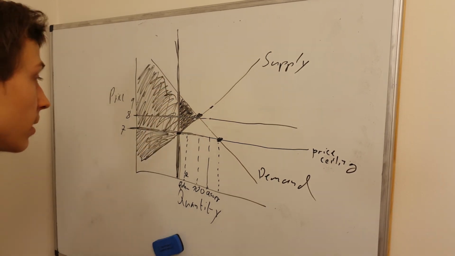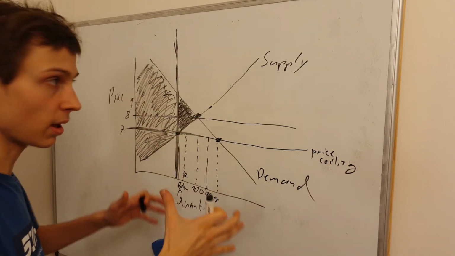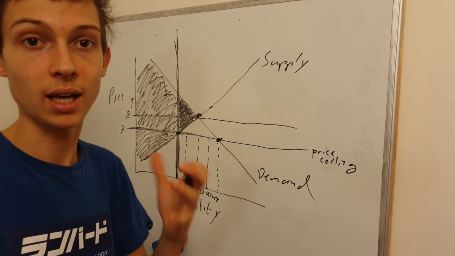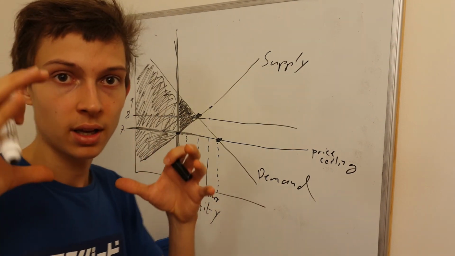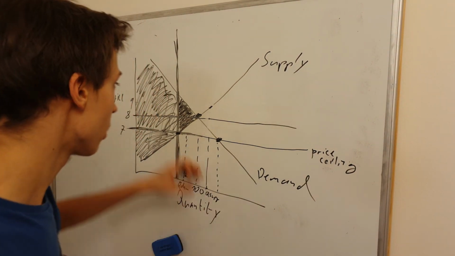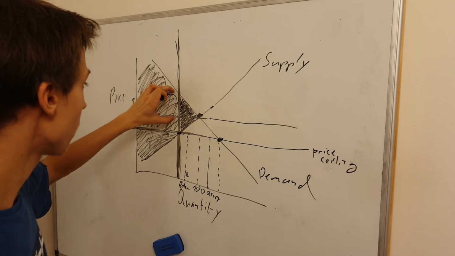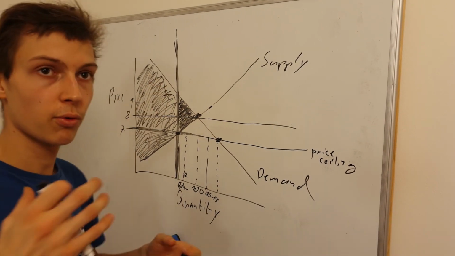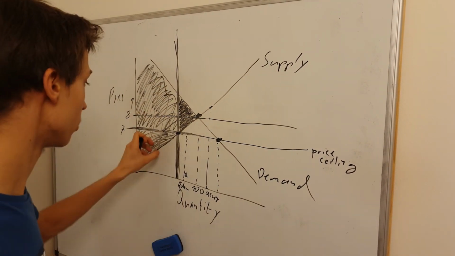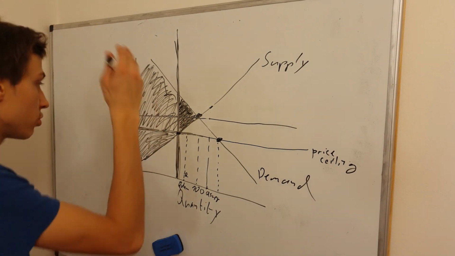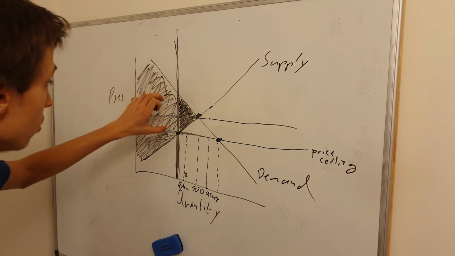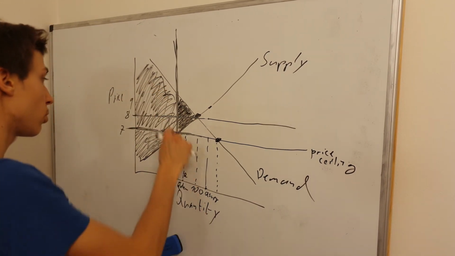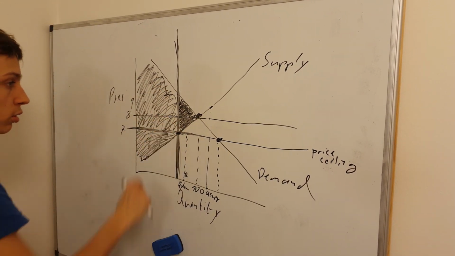But that does not mean that the total surplus of both producers and consumers combined is higher. It's actually lower. It just means that although the total surplus got lower, consumers now have a bigger surplus, both in magnitude and in comparison to producers. But producers lost a lot, and even consumers, although now they have a bigger surplus, just means they took a lot of this area that belonged to the producers.